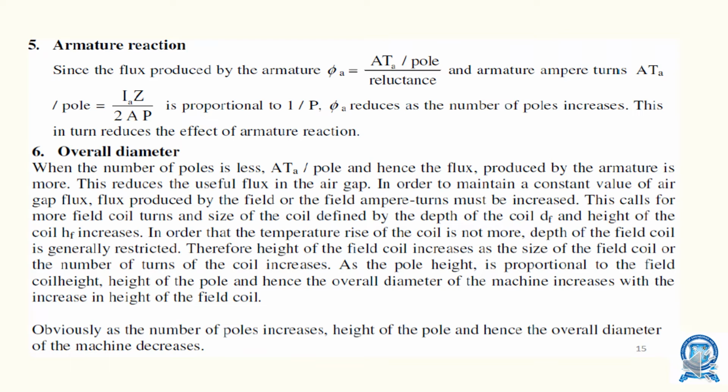Therefore, the height of the field coil increases as the number of turns in the coil increases. As the pole height is proportional to the field coil height, the overall diameter of the machine increases with increase in height of coil. Obviously, as the number of poles increases, the height of pole and hence the overall dimension of the machine decreases, that is, the diameter is reduced.